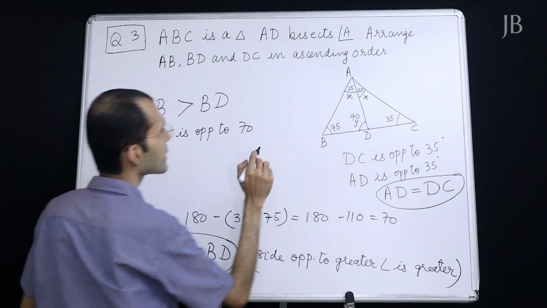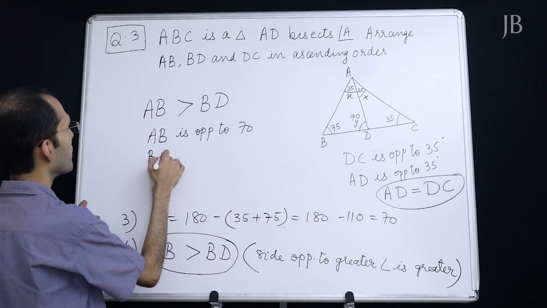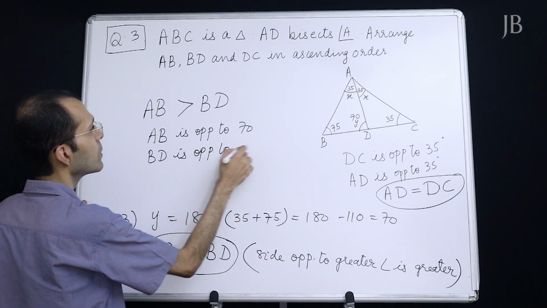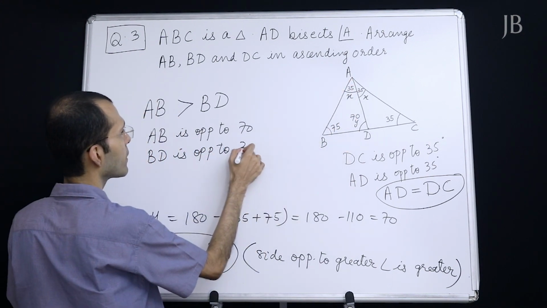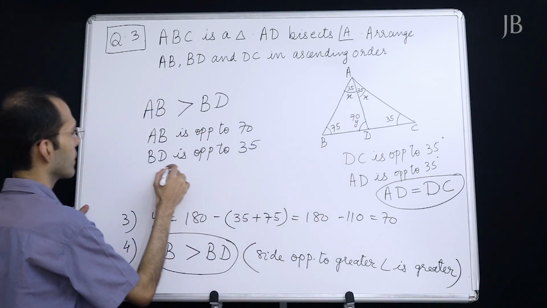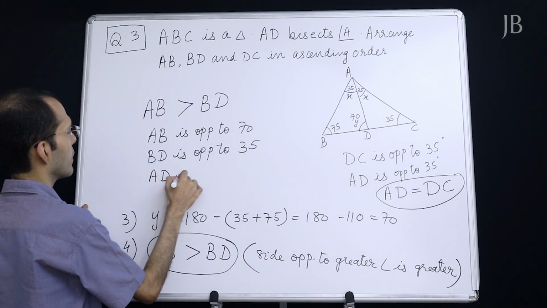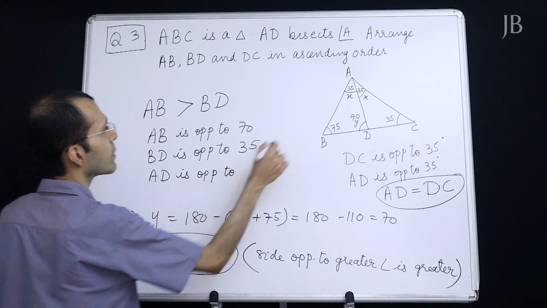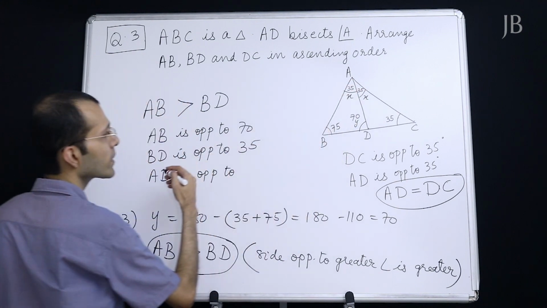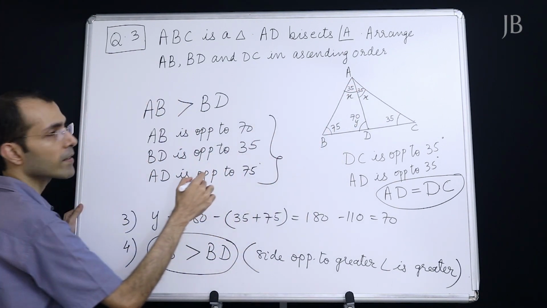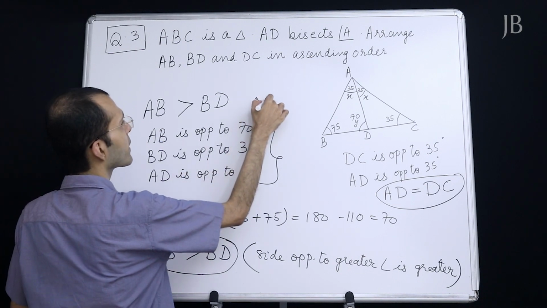BD is opposite to 35. And your AD is opposite to 75. Which triangle have we considered here? Triangle ABD.